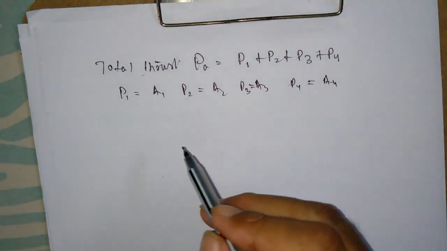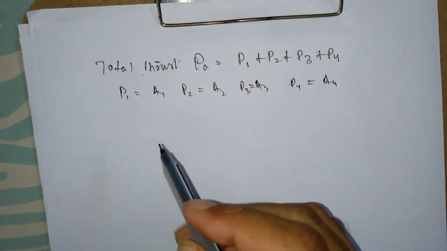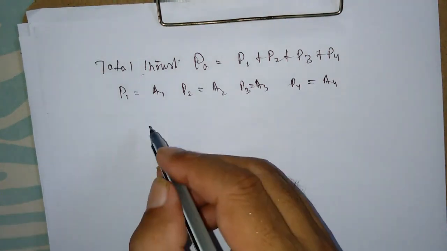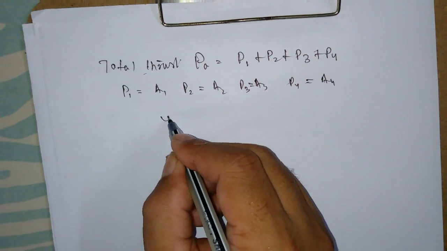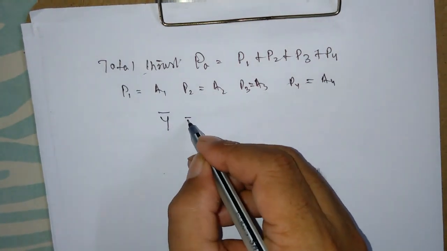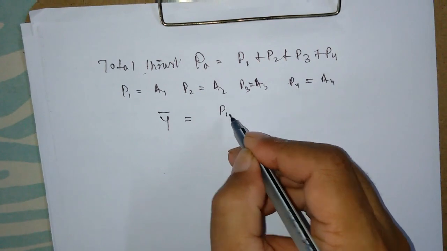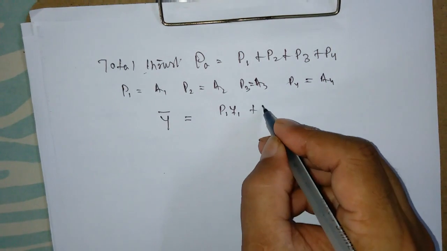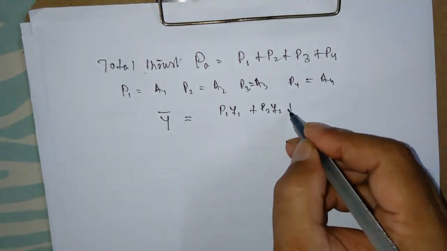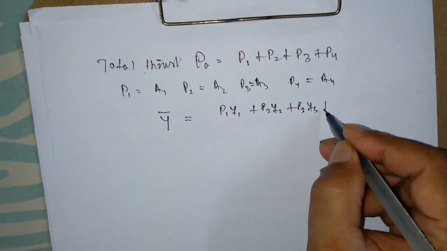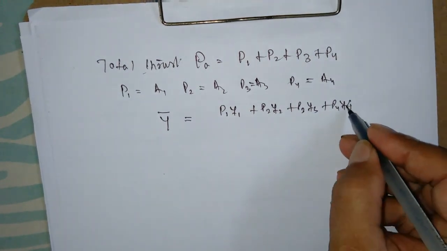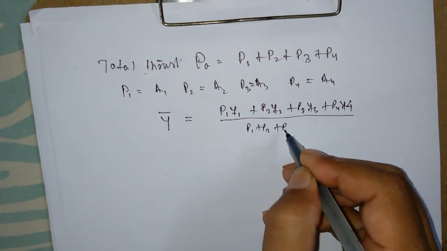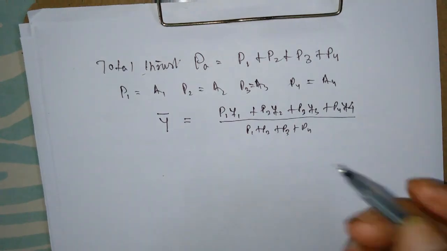So finding area is not a problem. You can find this. And the point of action of the final thrust will be at Y bar from the base, which is found out as P1 Y1 plus P2 Y2 plus P3 Y3 plus P4 Y4 divided by the sum of P1, P2, P3, P4.